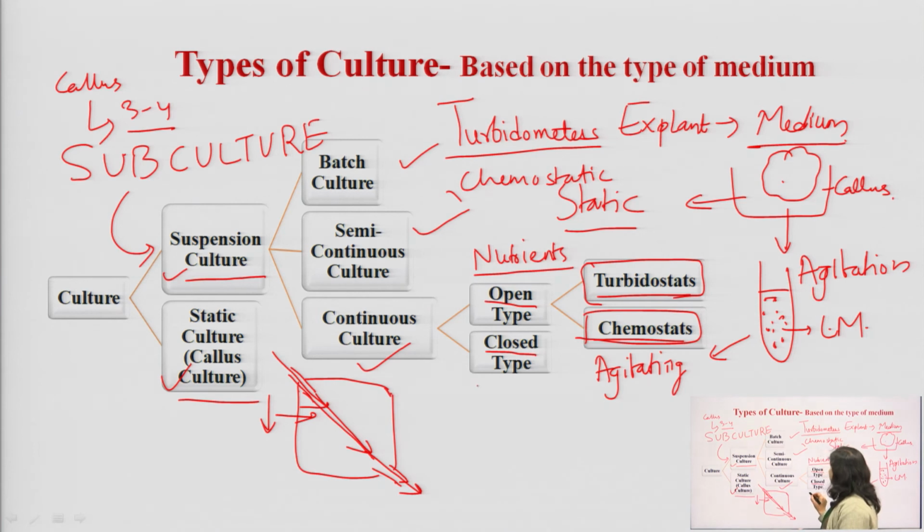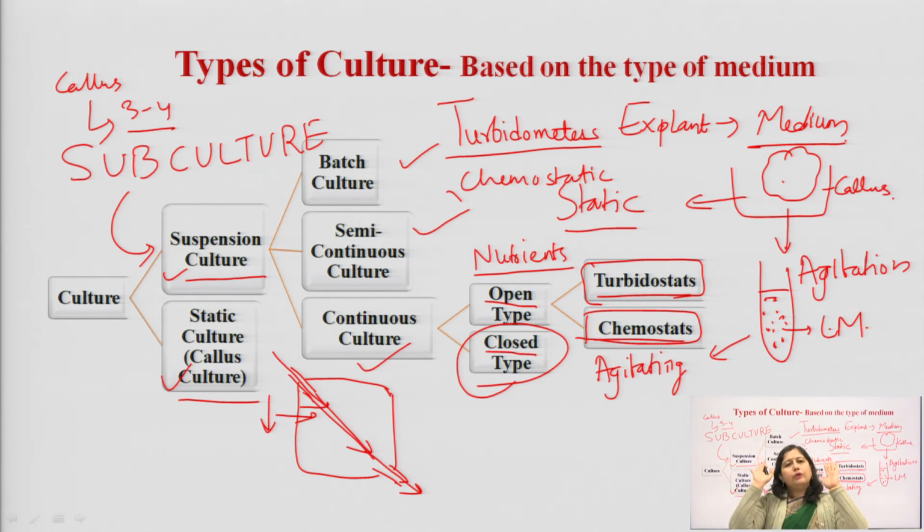The second type is the closed type of continuous culture. It is a fixed system, where at a particular rate you have decided, say 1 ml per minute, fresh medium will be coming in and used up medium will be leaving the chamber. So, this is a simple closed type of system.